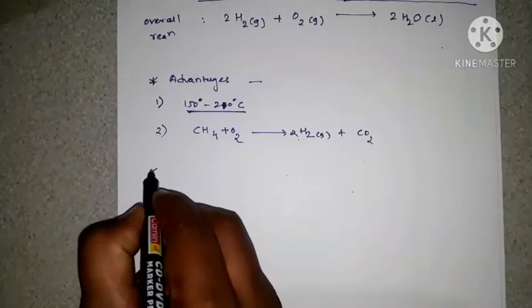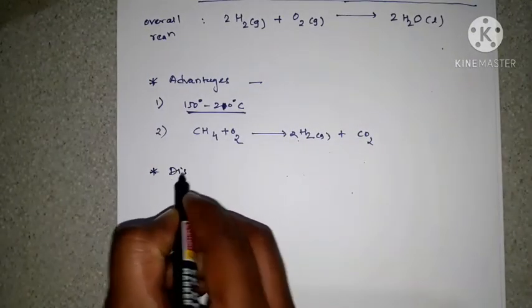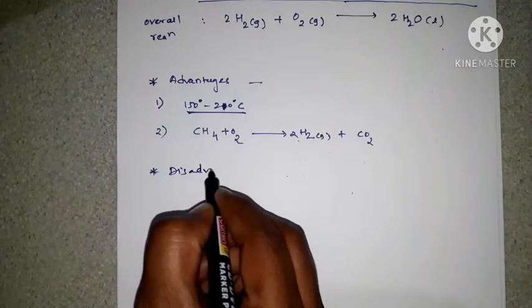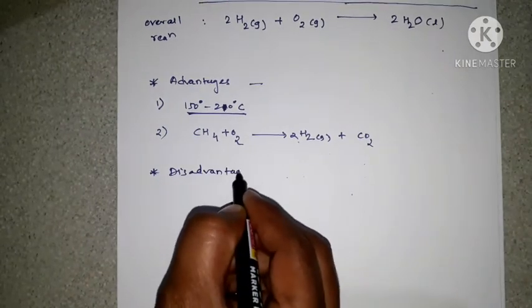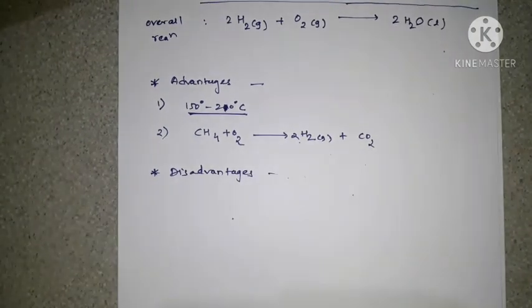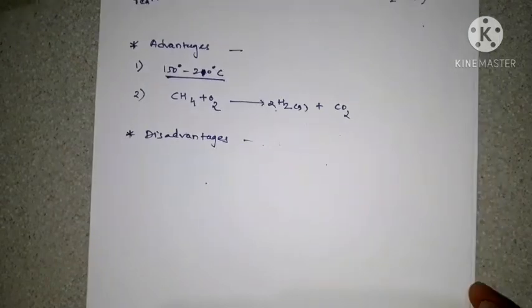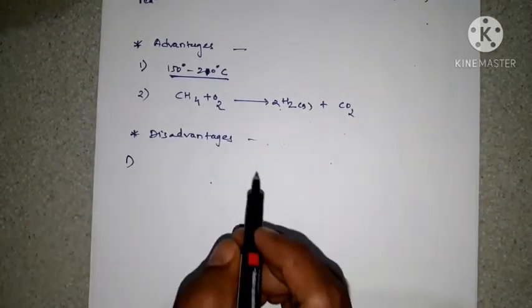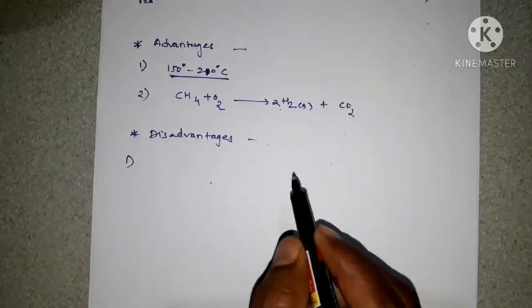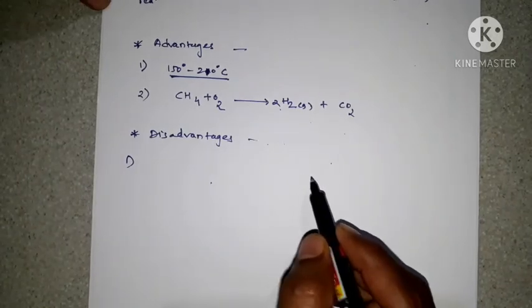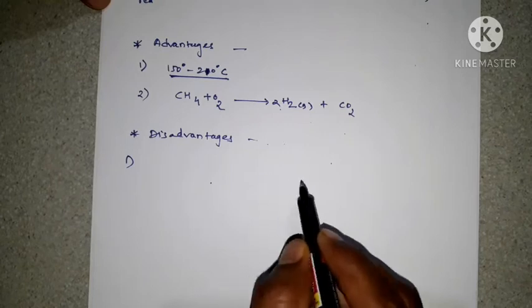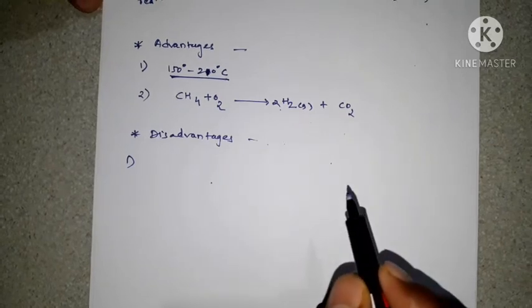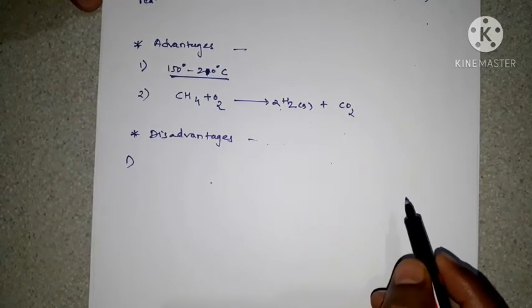Then what are the disadvantages of the phosphoric acid fuel cell? First one: extremely concentrated H3PO4 has the possibility of freezing when the cell is turned off.